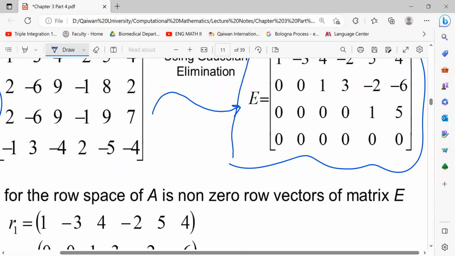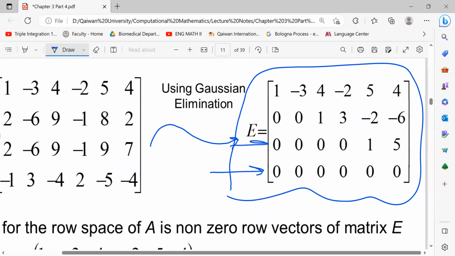Which of these rows, here we have 1, 2, 3, 4, we have 4 rows here, which of these rows is the row space of matrix A?